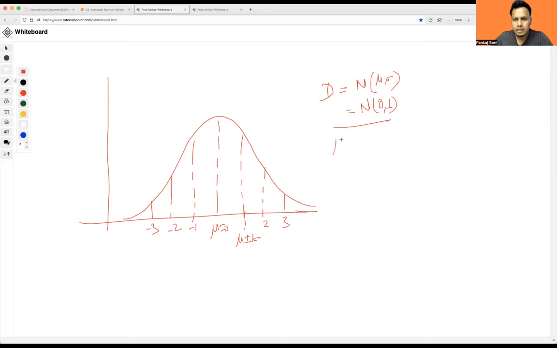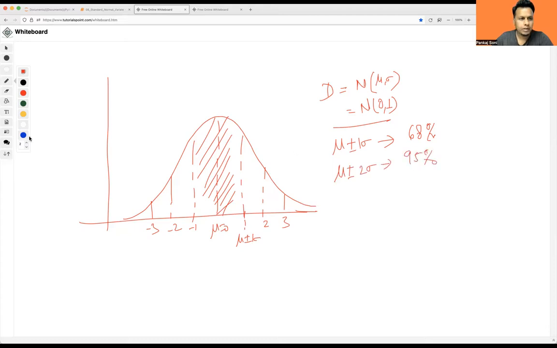Then we know that within mu plus minus 1 sigma, 68% of the data falls in that category. That will be this 68% data. If you have mu plus minus 2 sigma, then 95% of the data will fall into it. That will be this part.